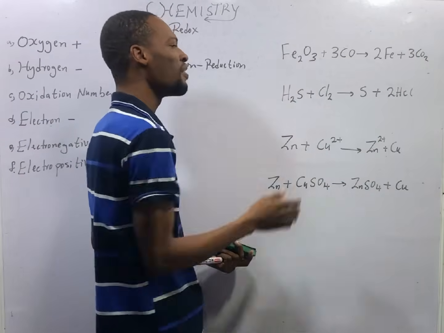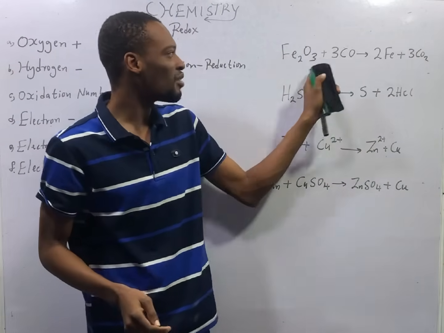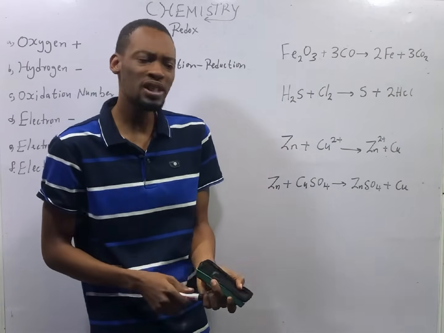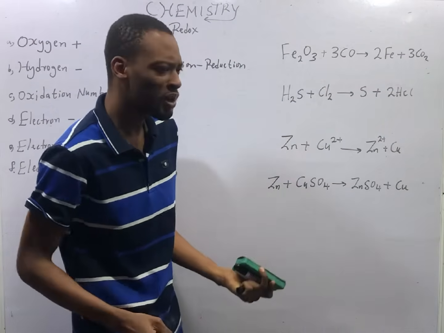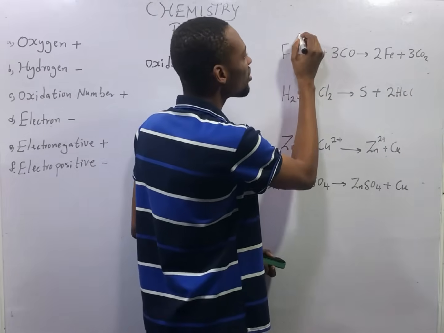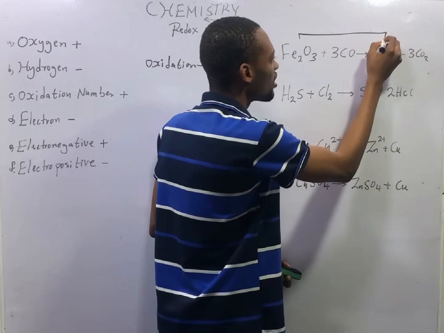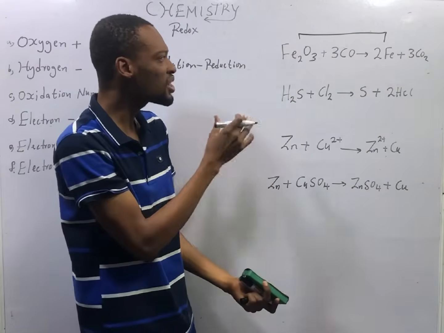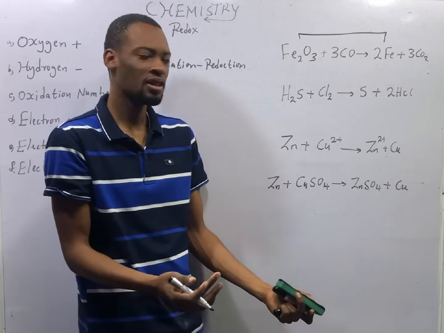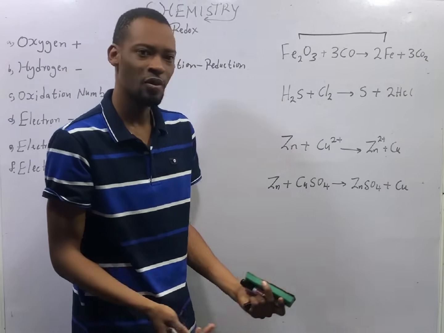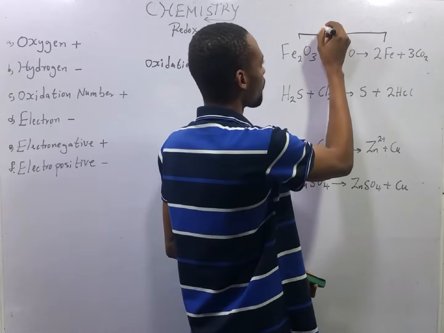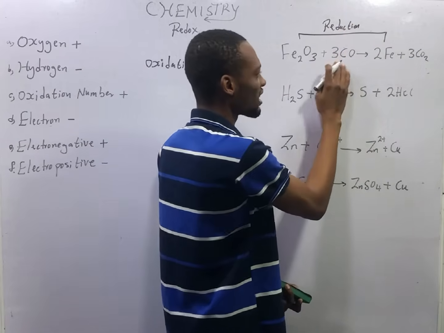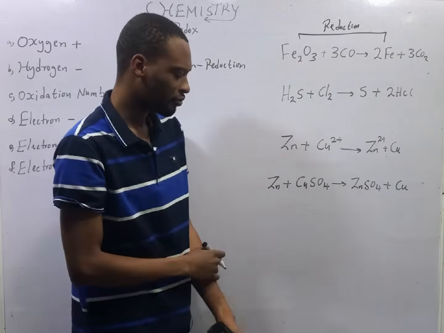Look at this equation. We can call this iron 3 oxide plus carbon monoxide reacts. What happened? In the product side, you see that this iron oxide is now iron. What is happening? Oxygen has been removed. And what is the removal of oxygen? We call that reduction. Now look at carbon monoxide, 3CO.